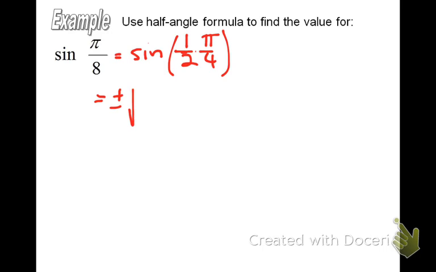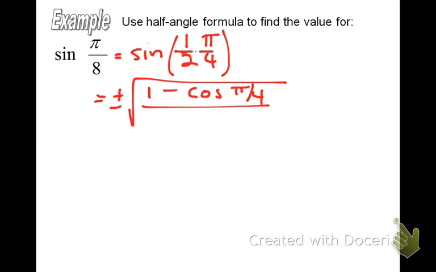It's going to be plus or minus the square root of 1 minus the cosine of pi over 4 over 2, because pi over 8 is half the angle of pi over 4. Cosine of pi over 4 is 1 over root 2, or rationalized would be root 2 over 2.